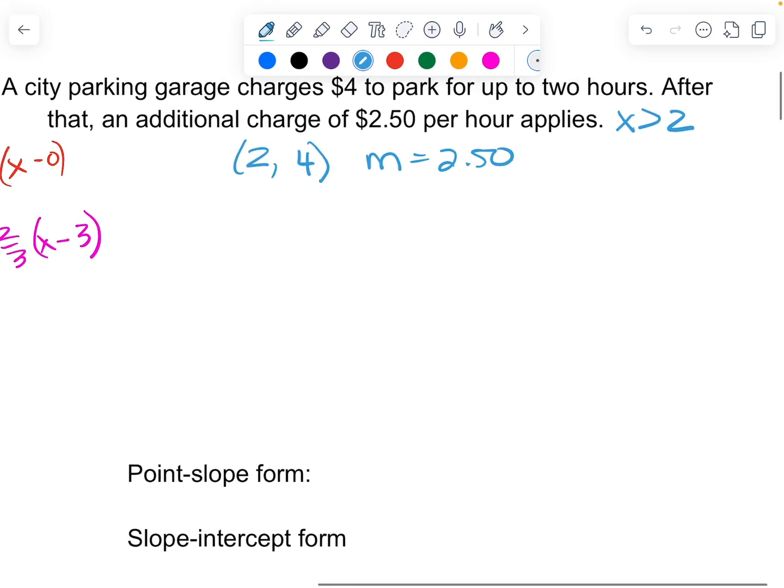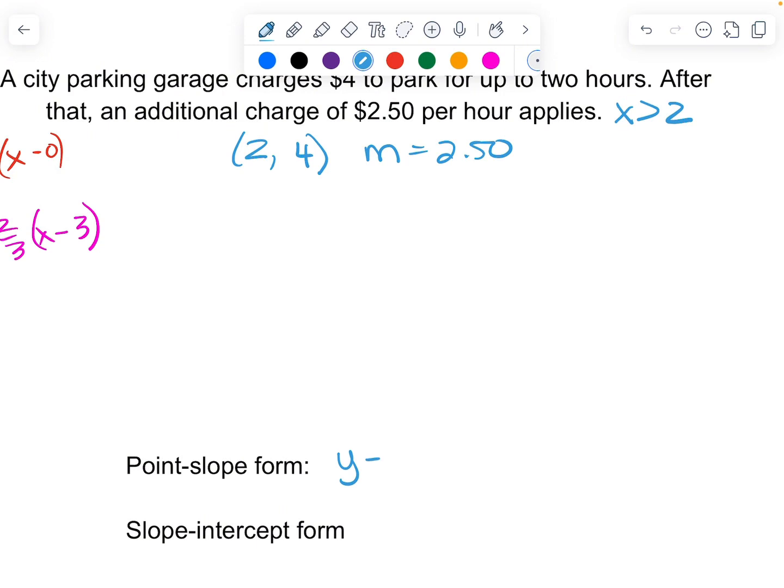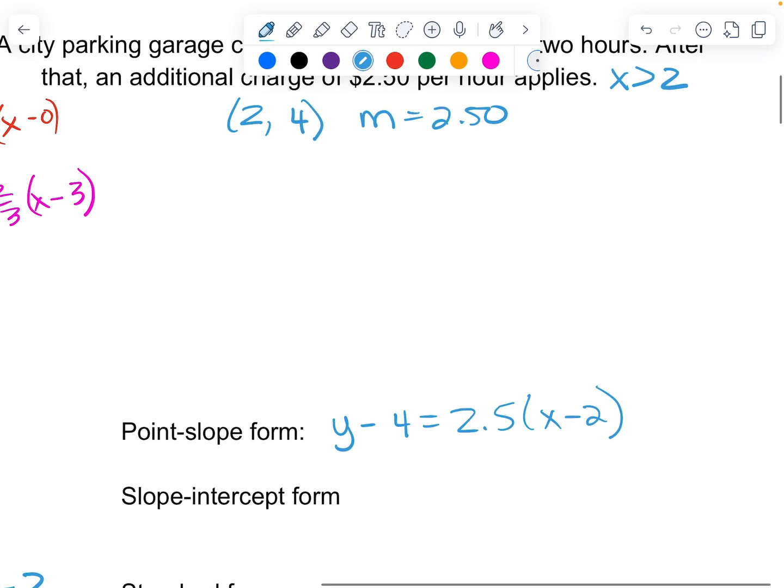But that's what would have happened. So if I make a point slope, that would be y minus 4 equals 2.5 times x minus 2. Now, if I'm going to multiply that through, I get y minus 4 equals 2.5x minus 5.